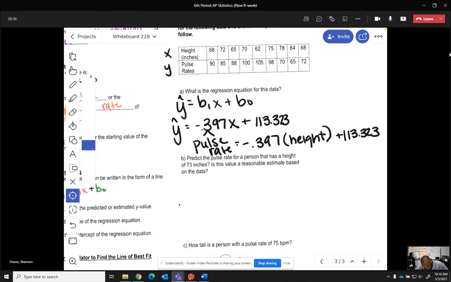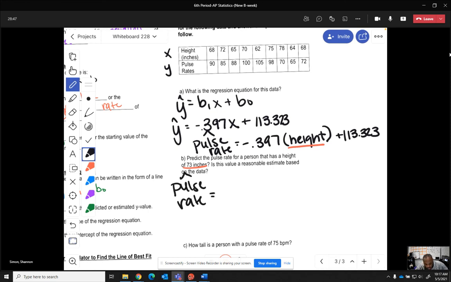Well, I know that I'm looking for a person with a height of 73 inches, and I know the height variable sits here, so I want to predict their pulse rate. So that predicted pulse rate, our pulse rate hat, remember the hat means predicted, is negative 0.397 times 73 inches, plus 113.323.